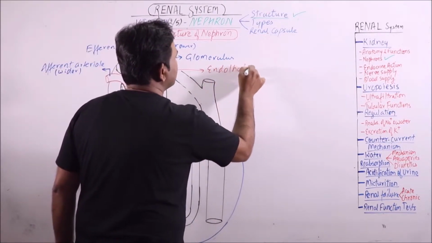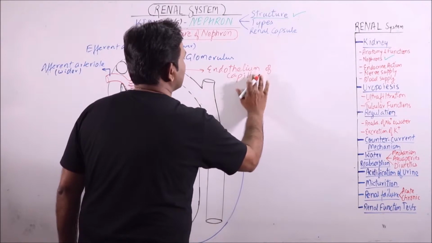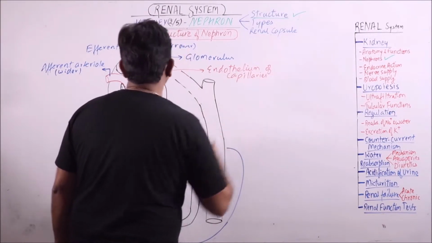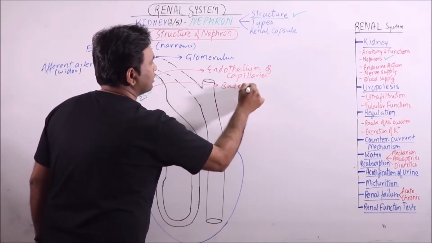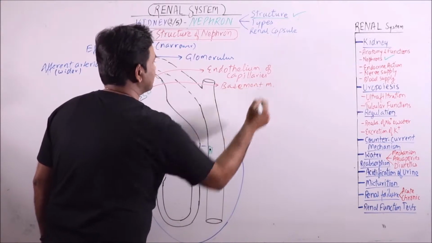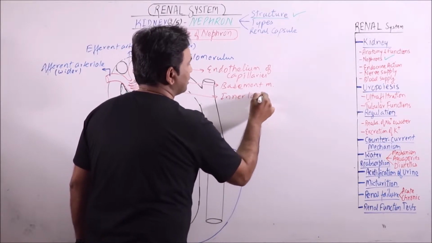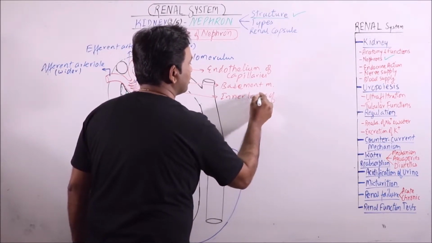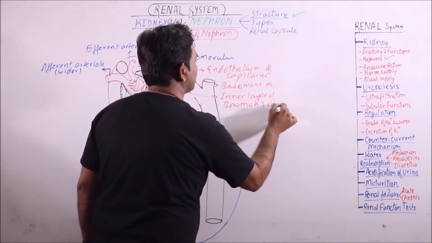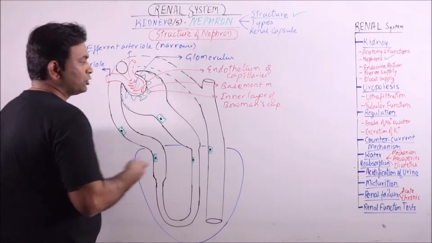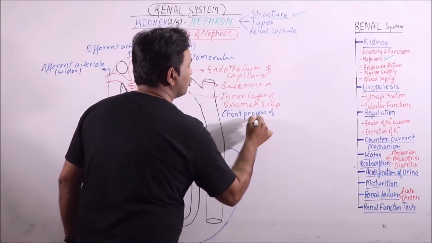So endothelium of capillaries is here, and there is basement membrane below it, and this is the inner layer of Bowman's capsule, which is made up of foot process of podocytes.